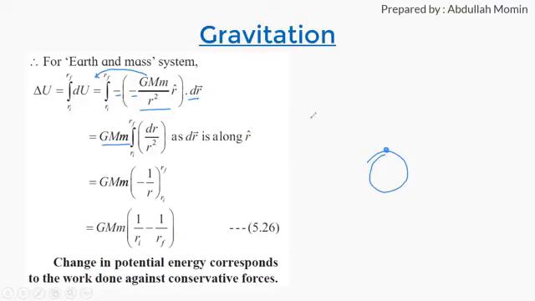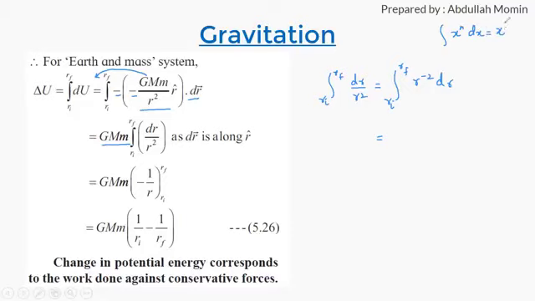Now what is the integration of ri to rf dr upon r square? We will take r square from the denominator to the numerator, so ri to rf is r raised to minus 2 dr. We have the formula of integration: x raised to n dx is x raised to n plus 1 upon n plus 1.